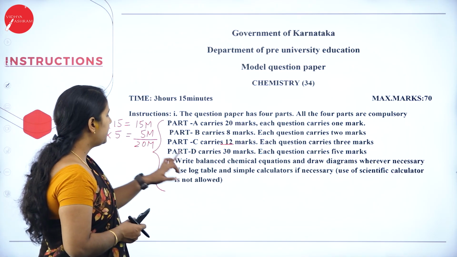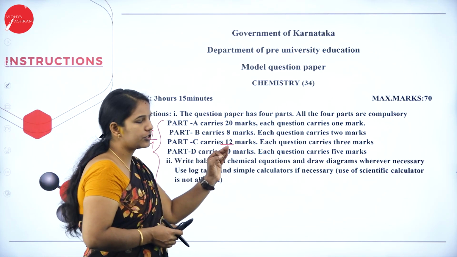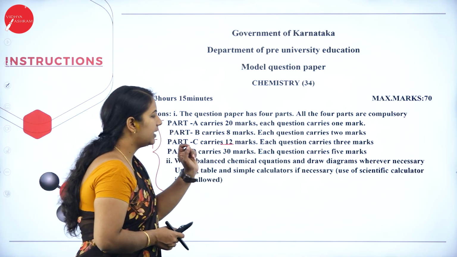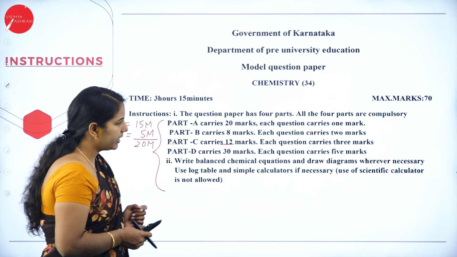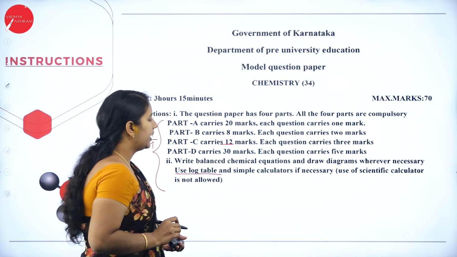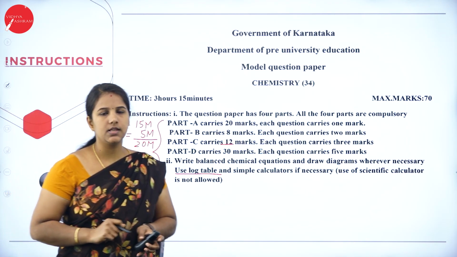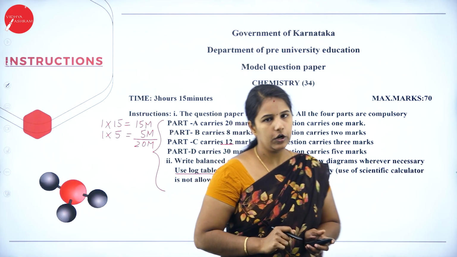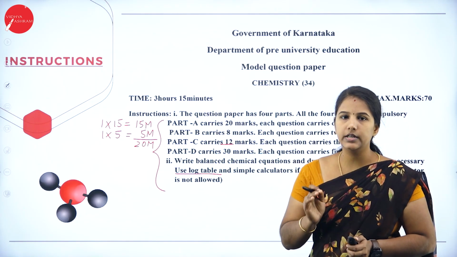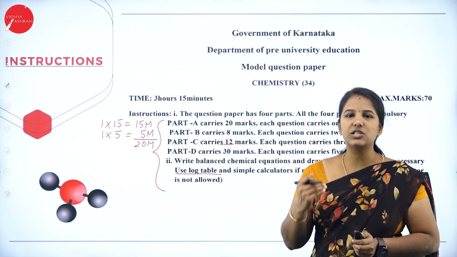Okay, so part D will carry 30 marks, each question carrying 5 marks, and write the balanced chemical equation and all the diagrams wherever necessary, and use a log table and simple calculator if necessary for the calculation. Okay, these are the guidelines and marks distribution for each part.